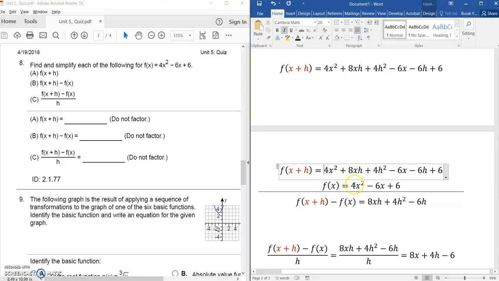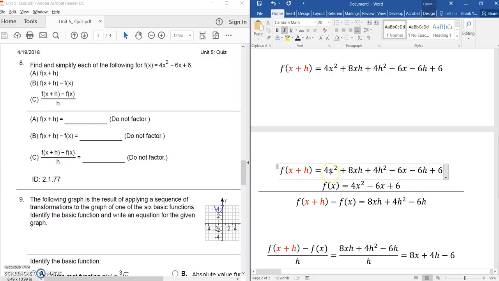When you subtract these side by side, or vertically, this is 4x squared minus 4x squared, so they cancel each other out. And negative 6x minus negative 6x, when you subtract the exact same things, they cancel out.